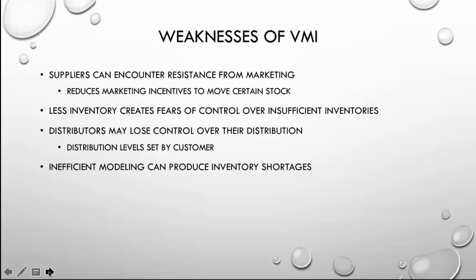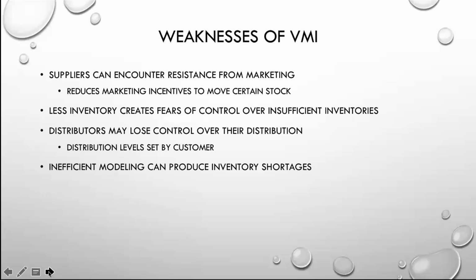So your stores may fear a lack of having enough inventory. They may bulk order more. They may panic buy, which injects oscillations into the demand in your supply chain. So realize that VMI, although it does work as a very good tool to reduce inventories across the supply chain, human nature can still take effect.